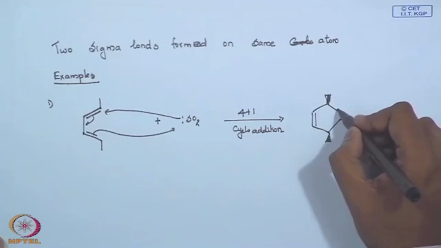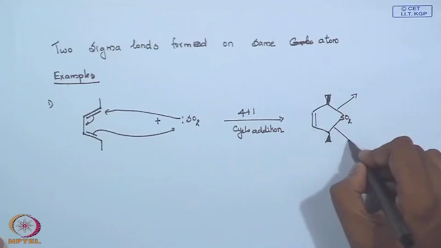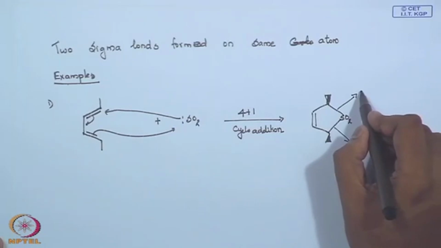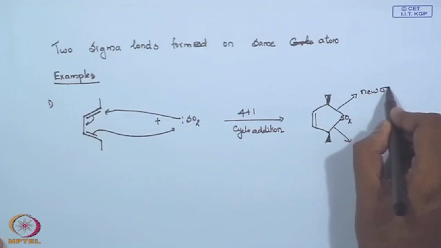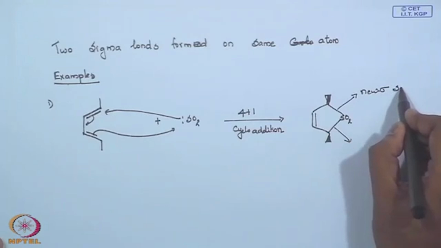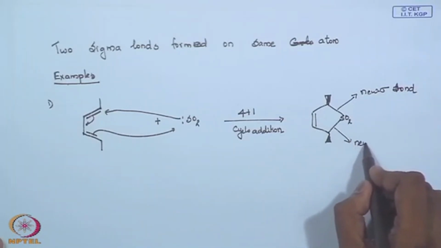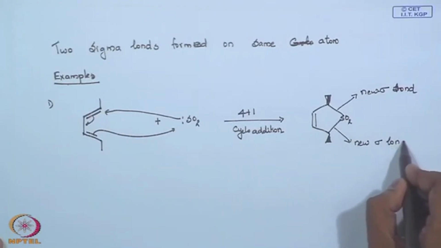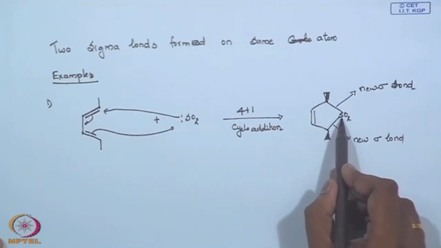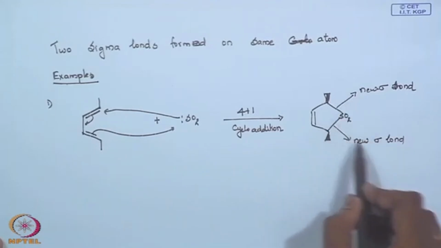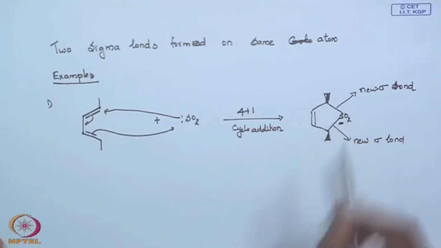Here you see I am getting these 2 new sigma bonds, and they are formed on the same atom.